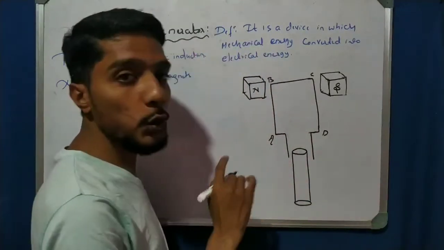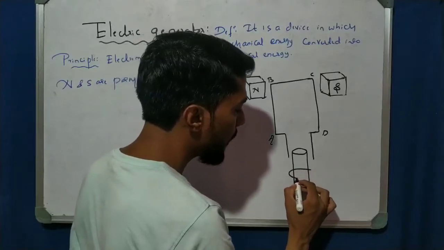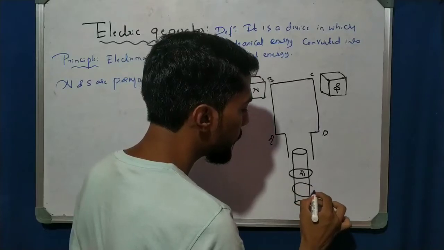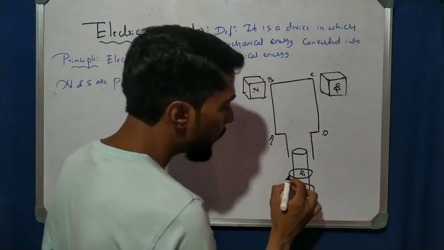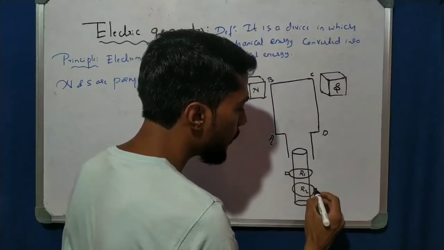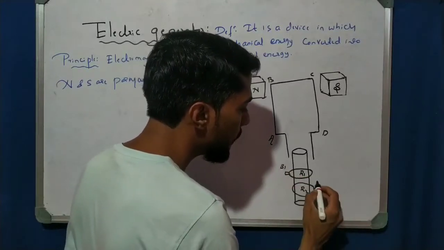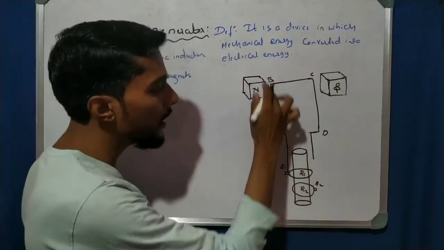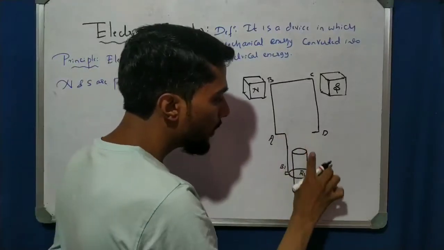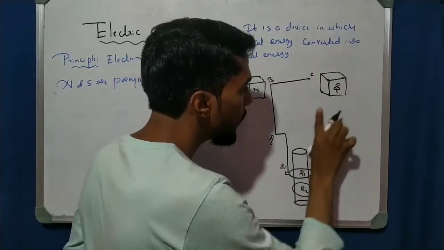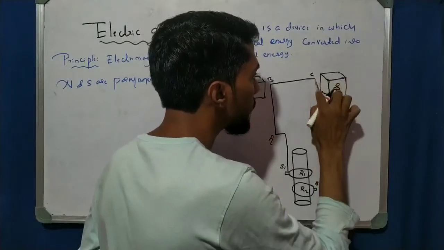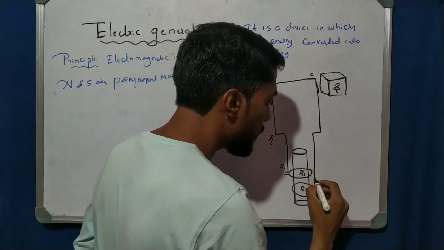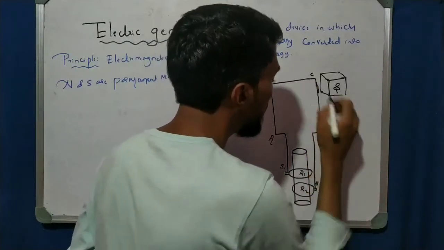But the difference is that we use two rings. Here one ring is called R1, and here another is called R2. For the rings, we take brushes: here brush B1 and here B2. AB is connected to B1, and this CD is connected to B2.